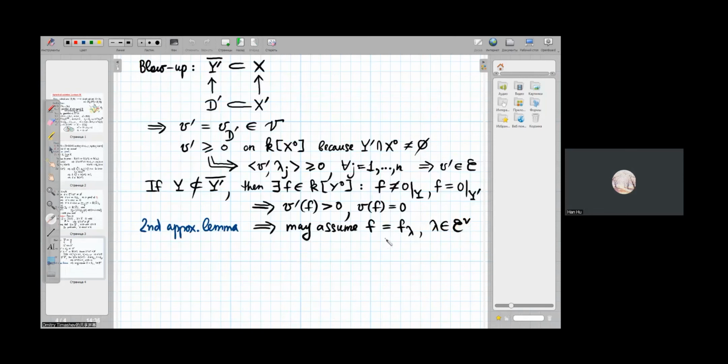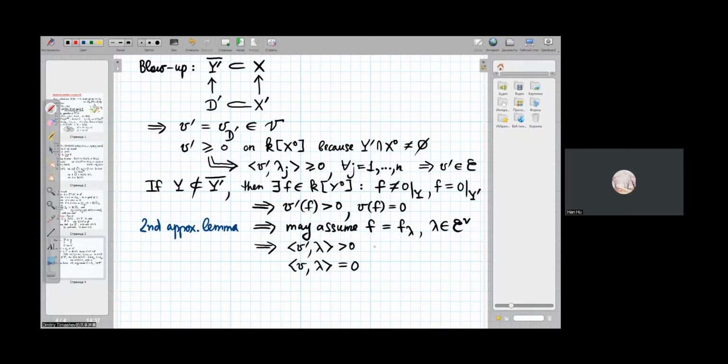So we may assume f to be semi-invariant, corresponding to some weight lambda, and these inequalities, which we have written before, read as pairings. The pairing of v prime with lambda should be positive, and the pairing of v with lambda should be 0.